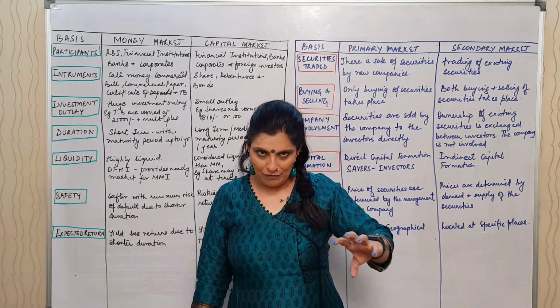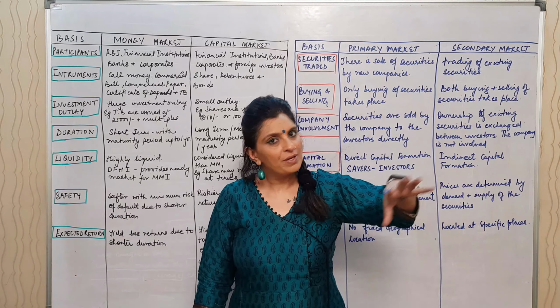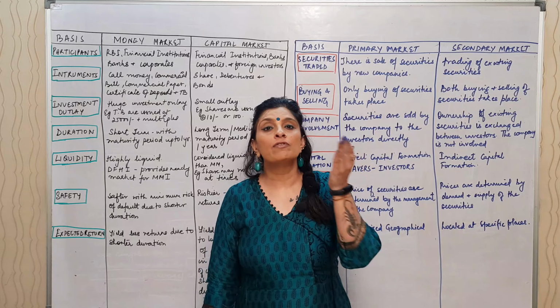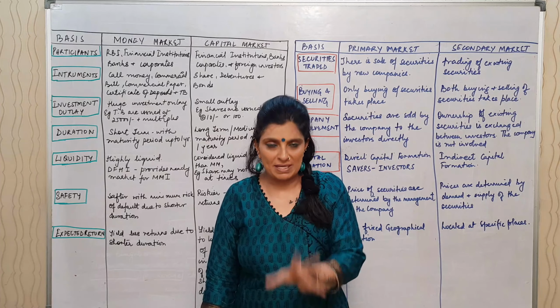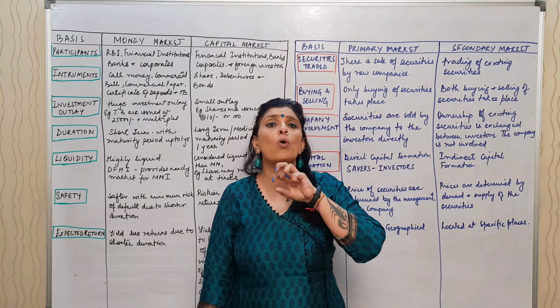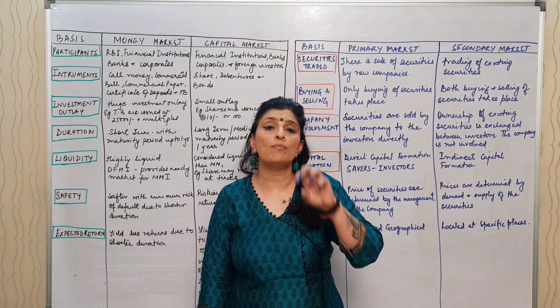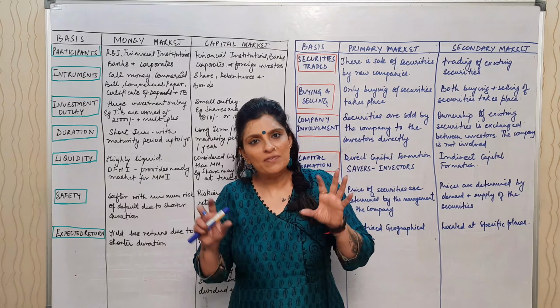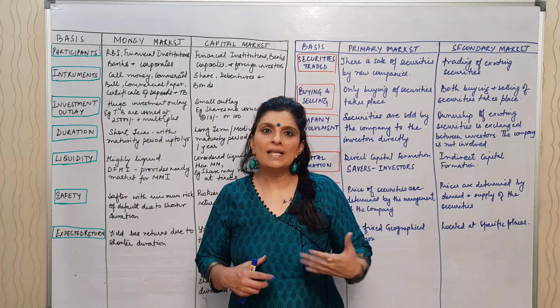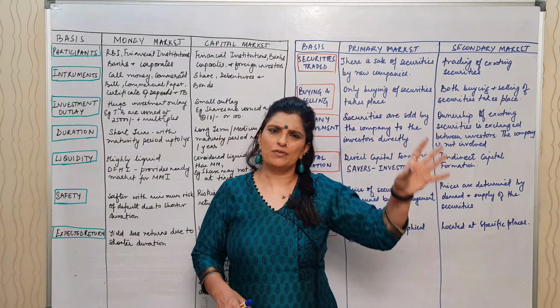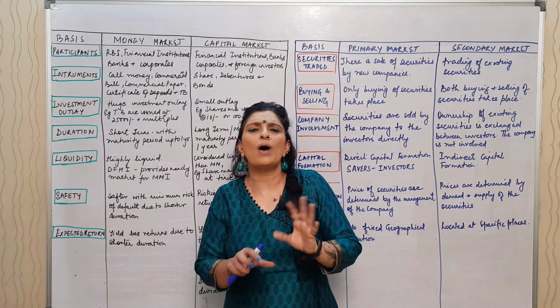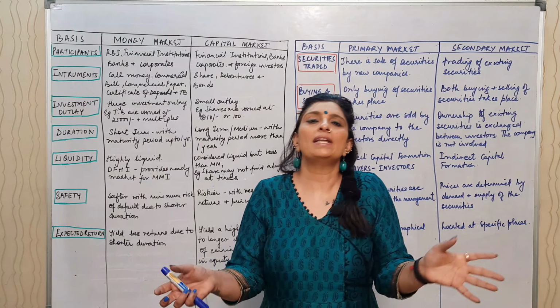Because we have finished with money market and capital market in totality. We have done primary and secondary basically. We finished off with the basic content of primary and secondary market. So once we understand the difference, then we'll talk about the rest of the topics, which are a little extra also, and we need to just basically understand them.